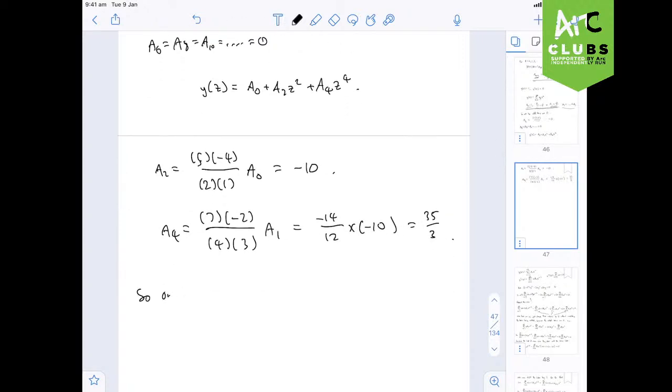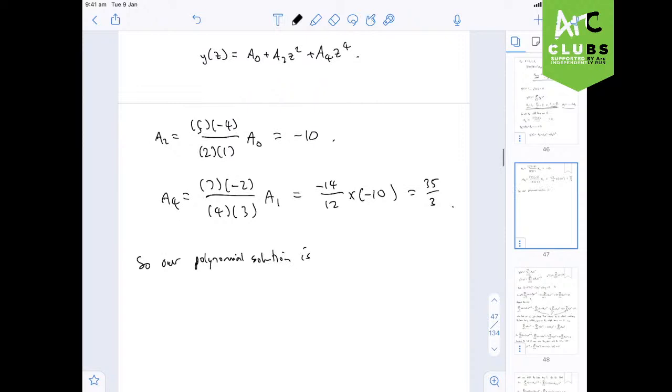So our polynomial solution is y of z equals a0, the constant term, so 1, plus a2 z squared, which is minus 10z squared, plus 35 on 3 z to the 4. And that is our polynomial solution, and that question is done.